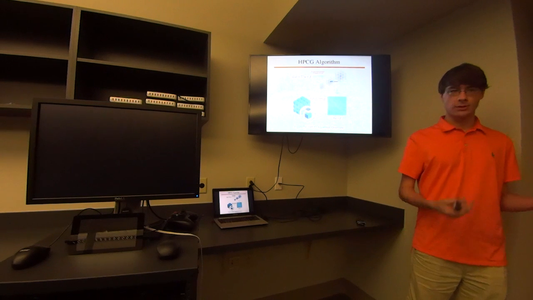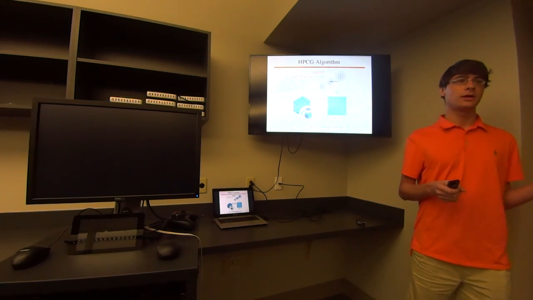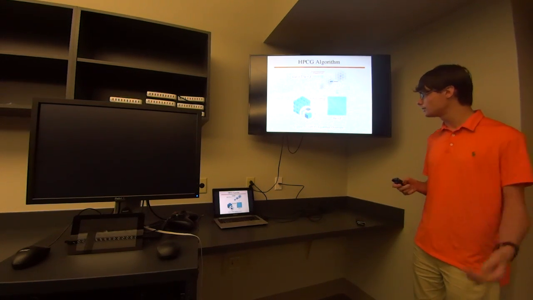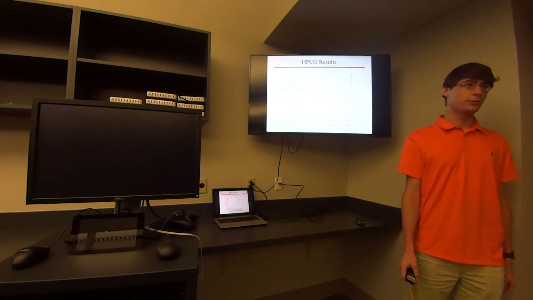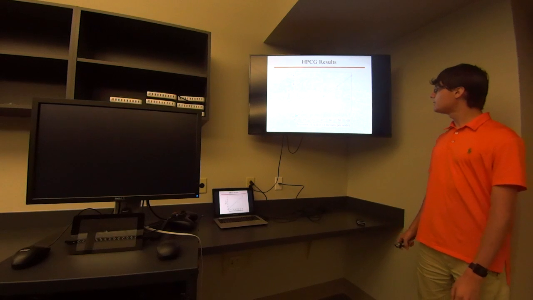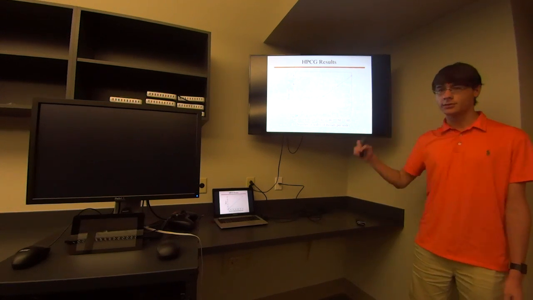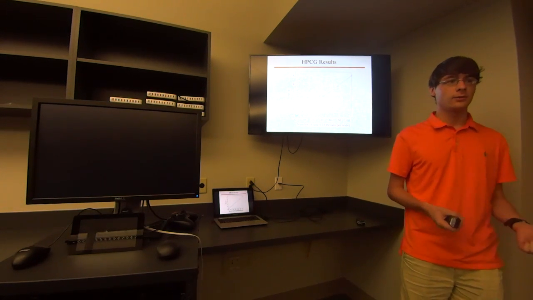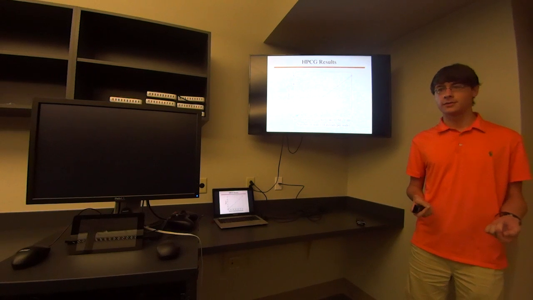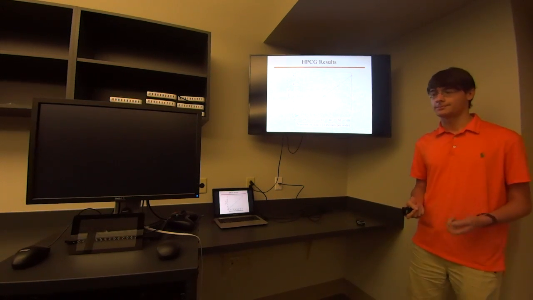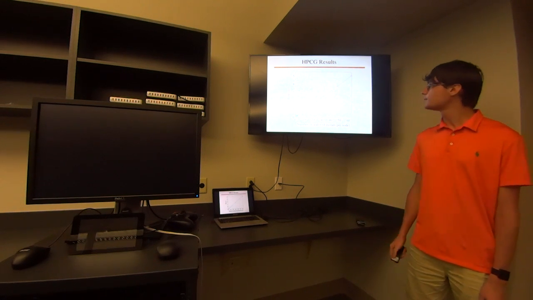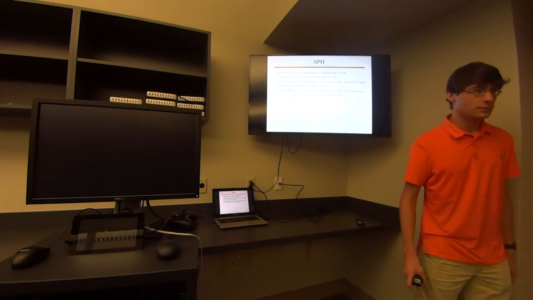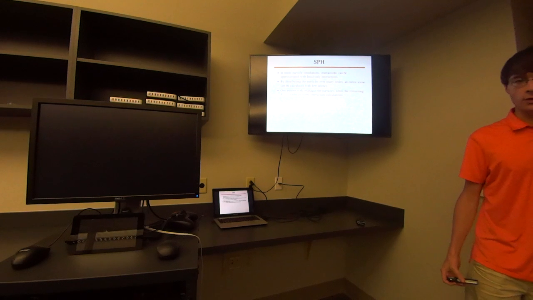They use this notion of a 3D grid instead of a process grid, P by Q. And our results are incredibly linear. At the very top, so 64 nodes, we're achieving on the order of 94 to 95% scaling efficiency. So I'm very happy with those numbers. Now I'll hand it off to Sean.